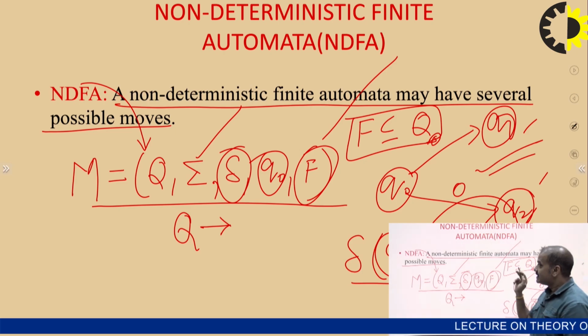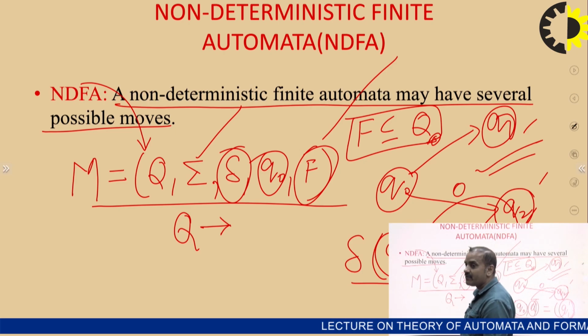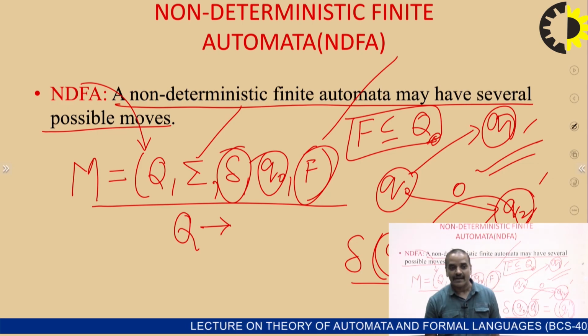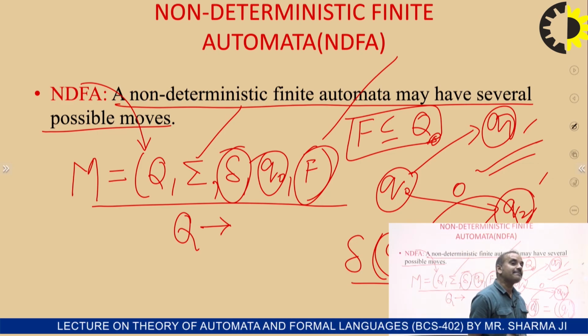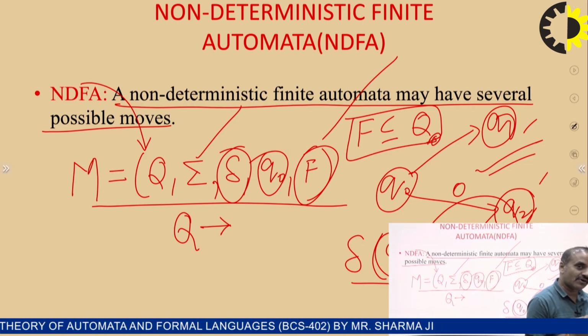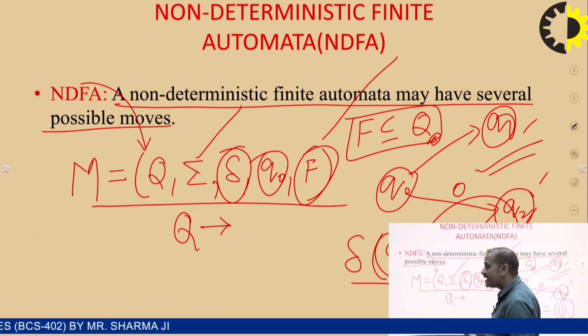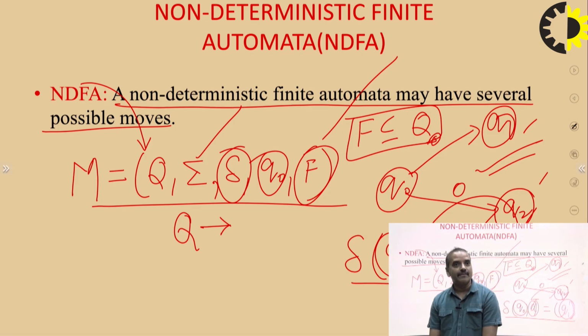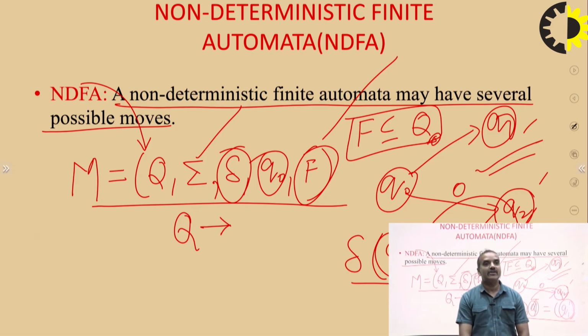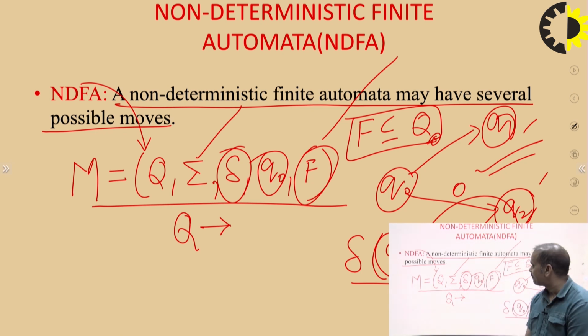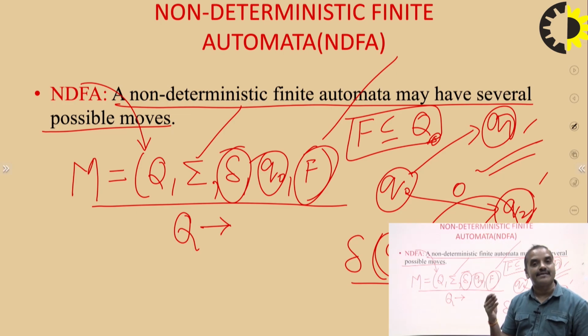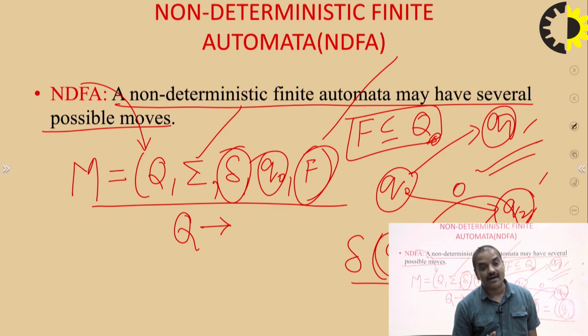Now, how do we represent NDFA, or how do we represent DFA? As we know, DFA is represented in three ways: transition function, transition table, and transition graph. In the same way, NDFA is also represented with a transition function, transition table, or transition diagram. Any machine can be represented by a transition function, transition table, or transition graph.